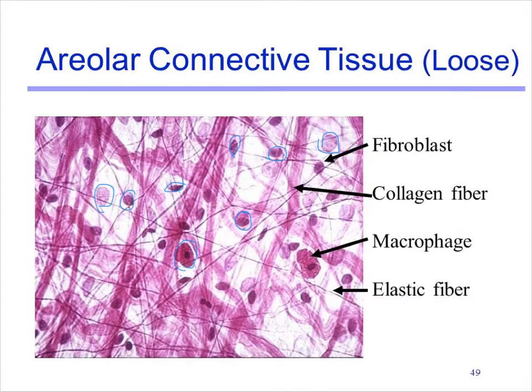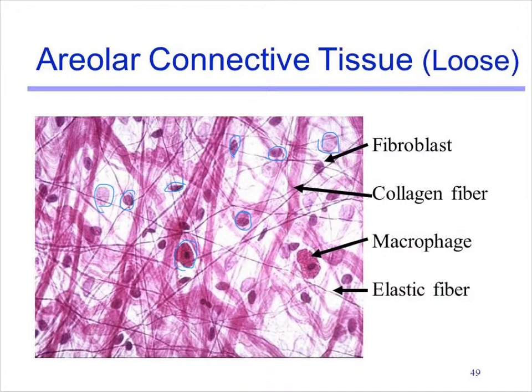But the thin fibers, like that one there, this one here, this one here, those are elastic fibers or reticular fibers. Most of them are probably elastic fibers. So you should see a mix of different fiber types. You can tell elastic fibers because they're thin and they're usually darker.